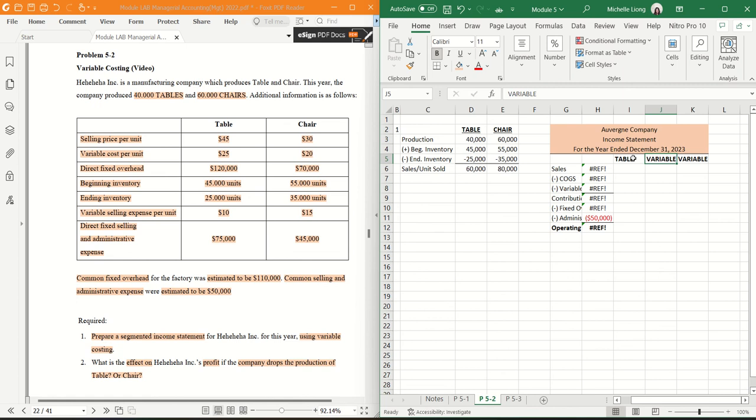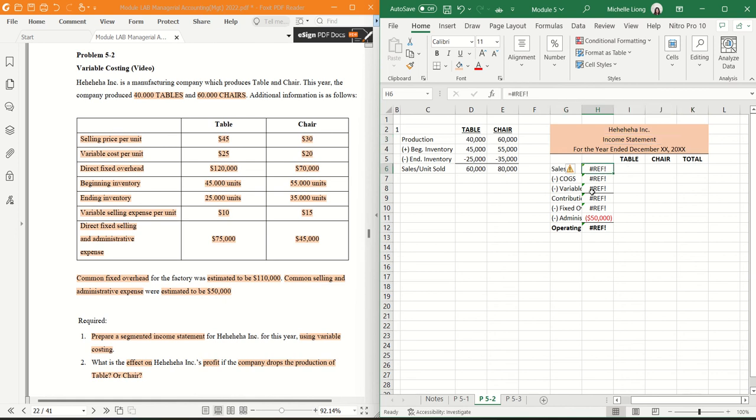So this is table here, and this is the total. They didn't write the time, so we'll put the year ended December 20X. Perfect. So the first one is the sales.